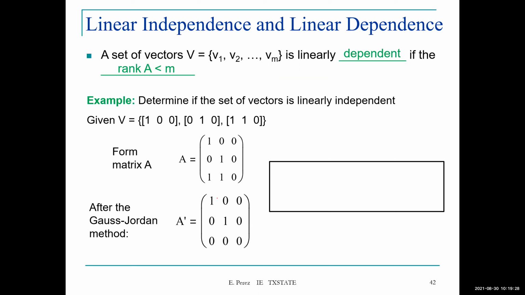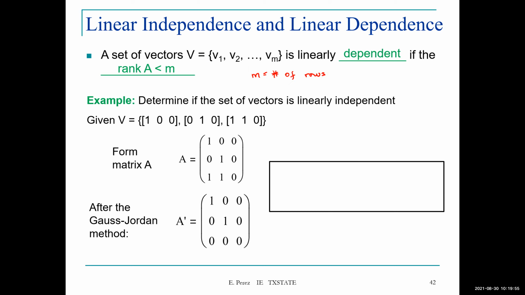We go back to the example. You can intuitively, based on that information, know that this set of vectors is linearly dependent because we know that the rank is 2 now after solving the Gauss-Jordan method. So that's the conclusion that we are going to make. Again, m equals the number of rows of the original matrix.